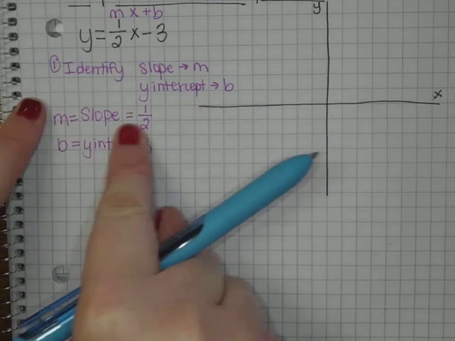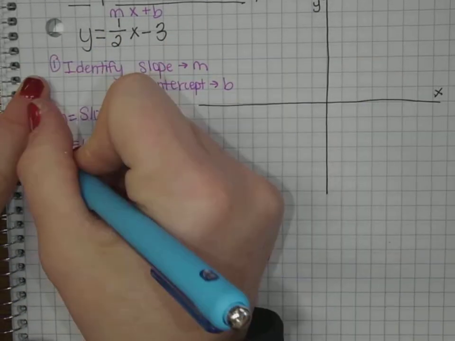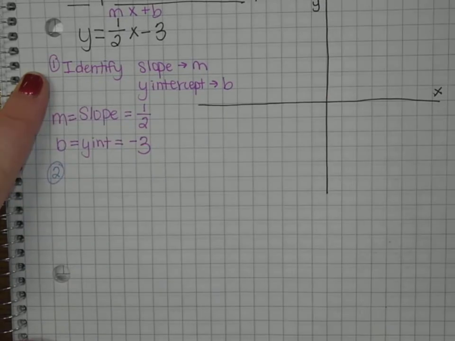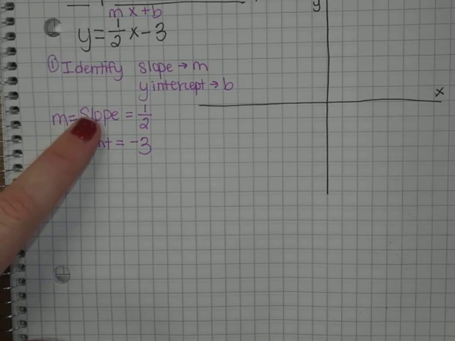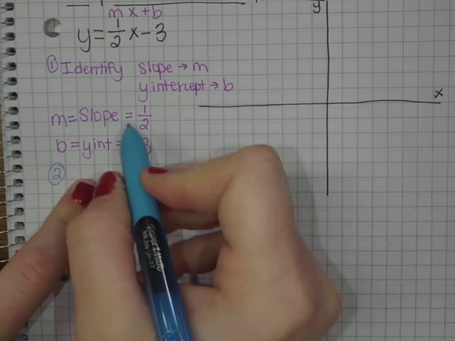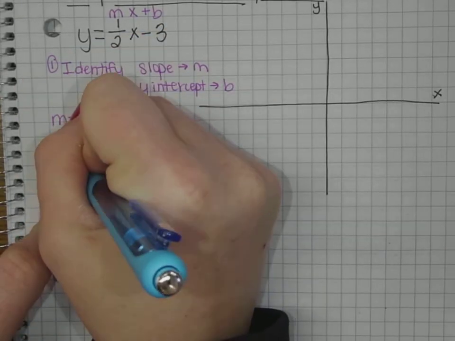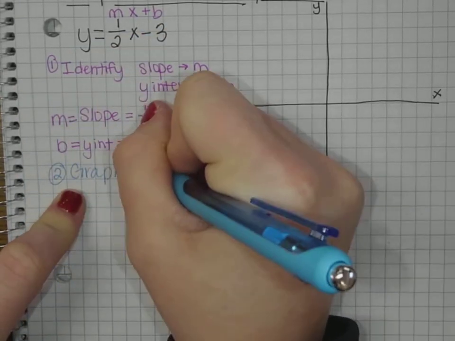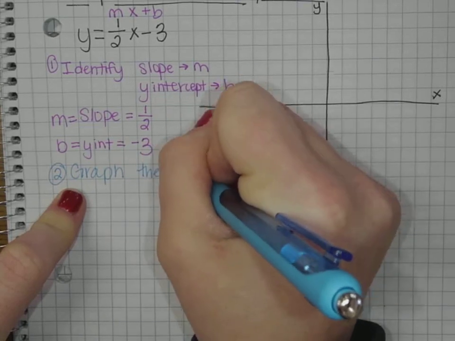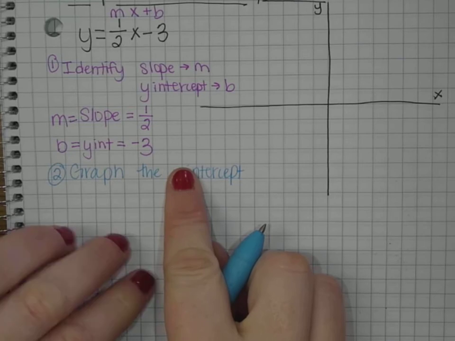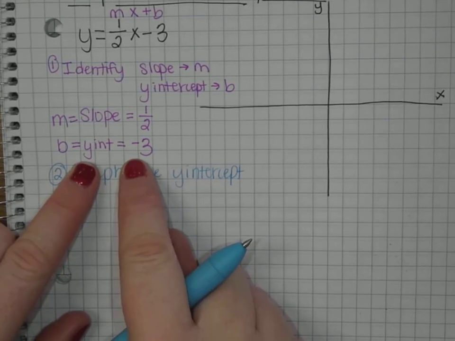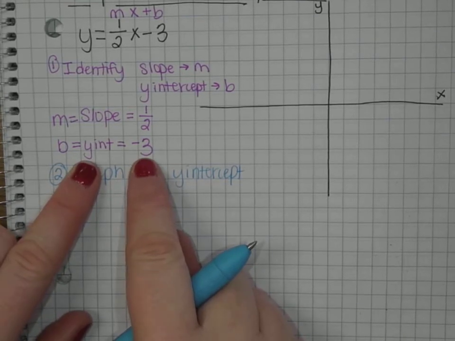Okay, so we identified the parts from the equation. Next, if you think about it, the y-intercept is where it crosses the y-axis. The slope is how much you move up or down from each point. So you're gonna have to graph the y-intercept first, because remember, the y-intercept is the same thing as the initial value or starting value.